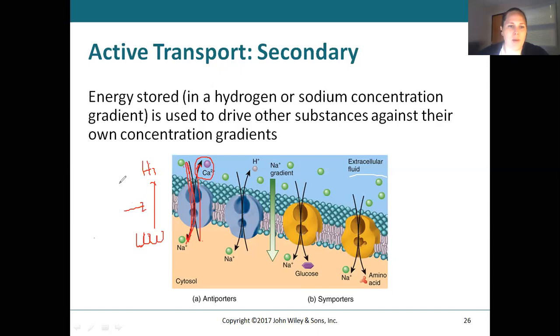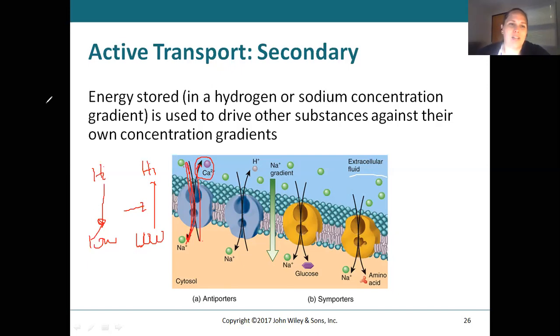So for sodium, you're going high to low. It's using that movement of high to low, and then the calcium is binding here and moving from low to high. Because it's moving from low to high, the only way it can go through that conformational change in this transporter to work is that it's coupled with that sodium.